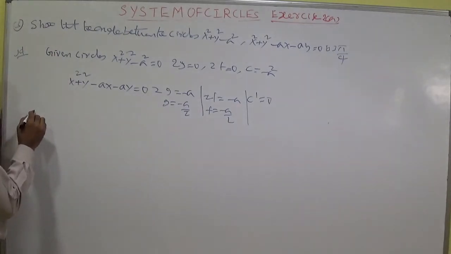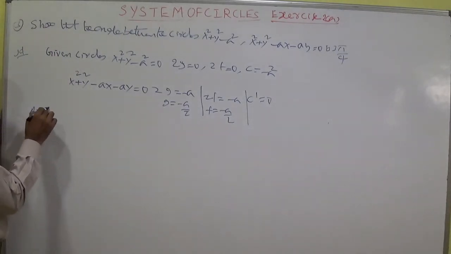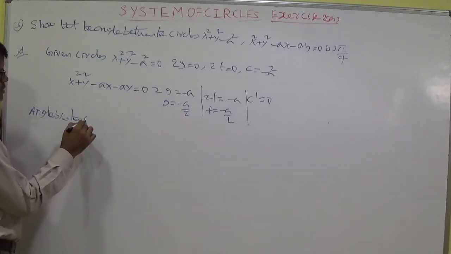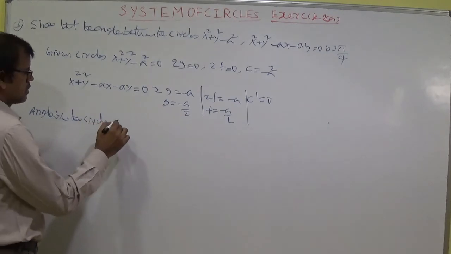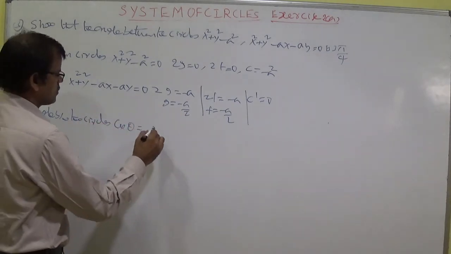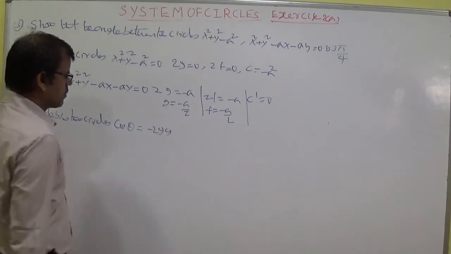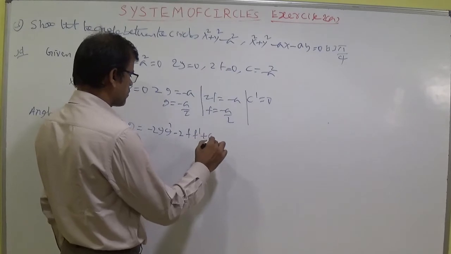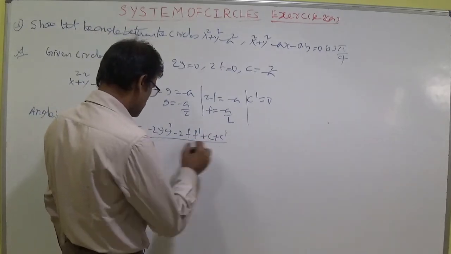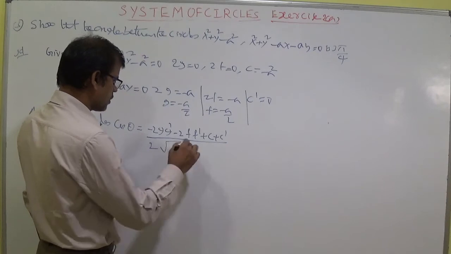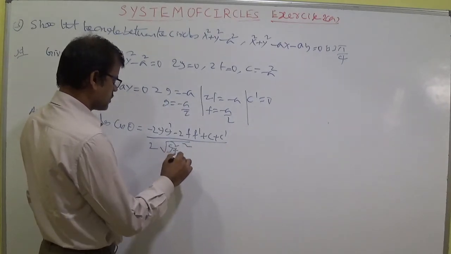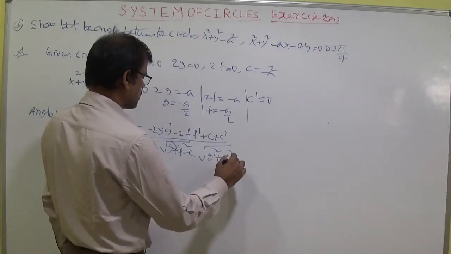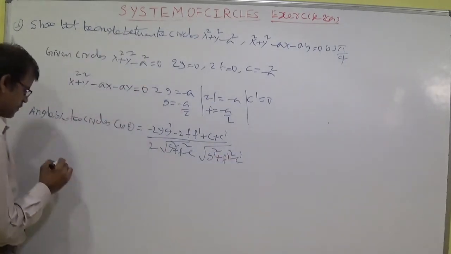Using the notation, angle between two circles, cos theta is equal to, write this formula, minus 2gg dash minus 2ff dash plus c plus c dash by 2 root of g square plus f square minus c into root of g dash square plus f dash square minus c dash.